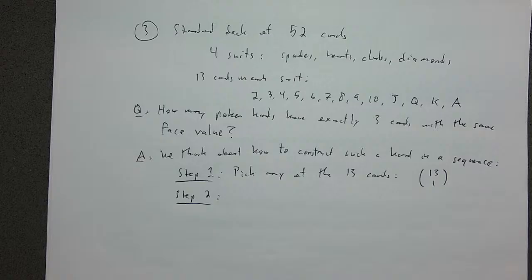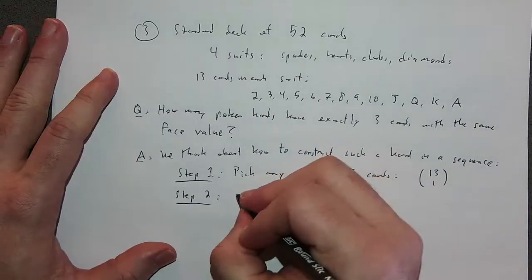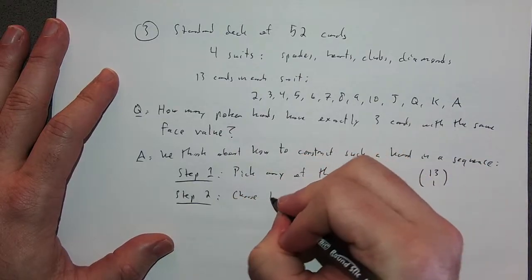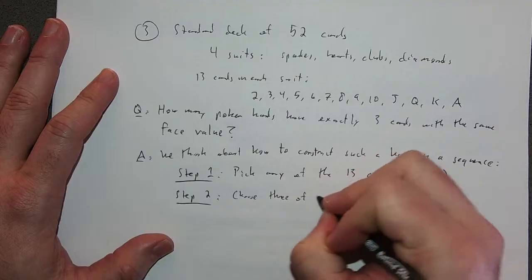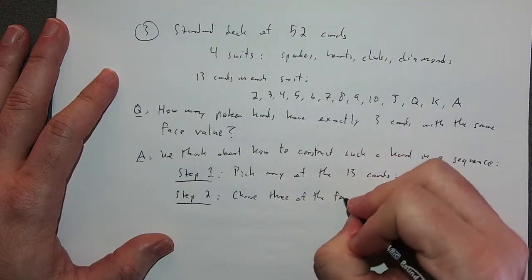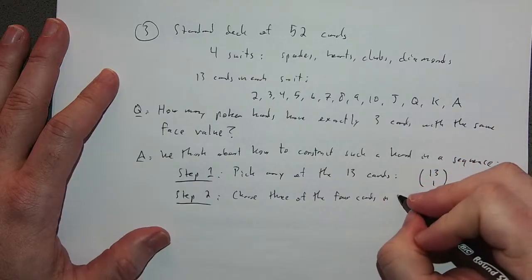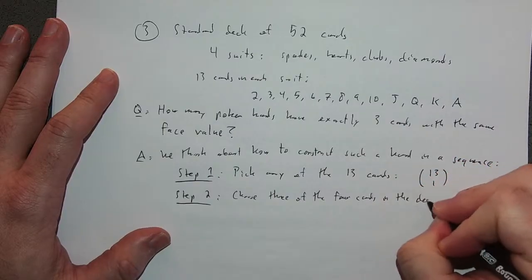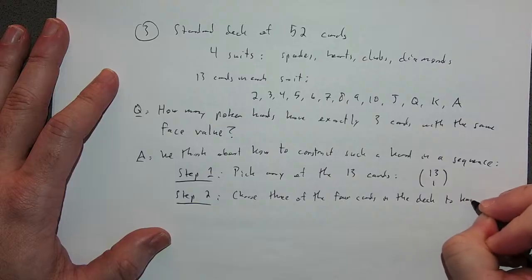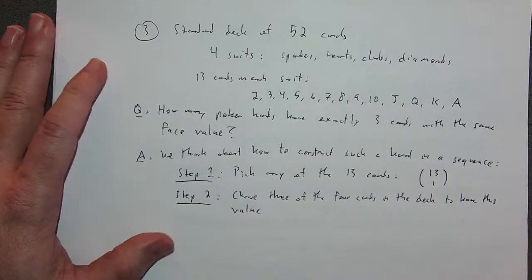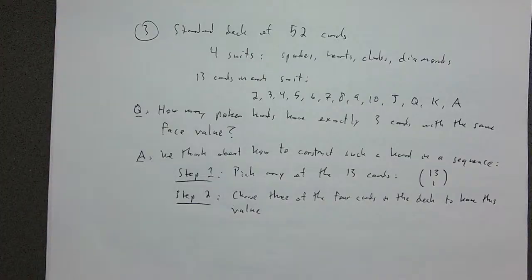Okay, what is step 2? We need to choose 3 of the 4 cards in the deck that have this value. So for instance, say that I chose the 7 in step 1.